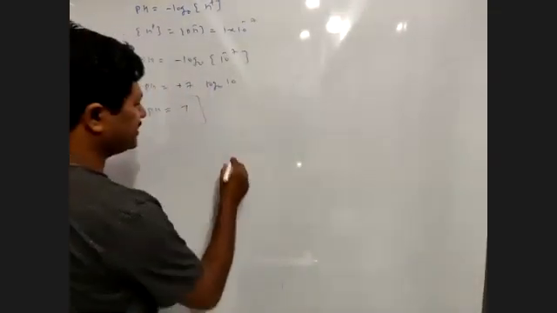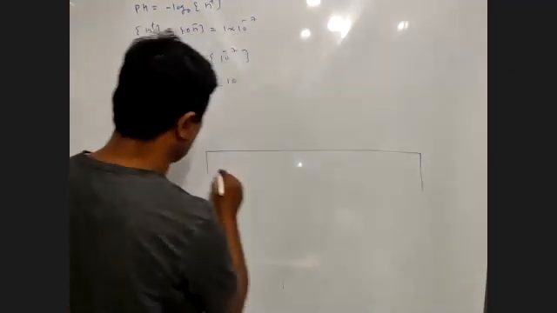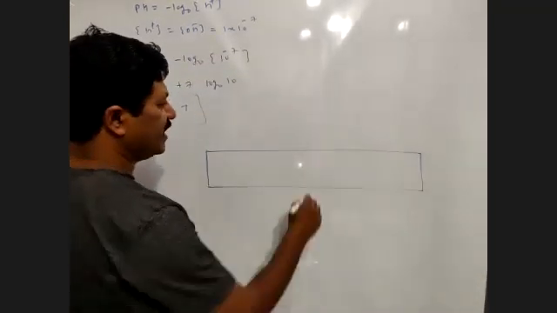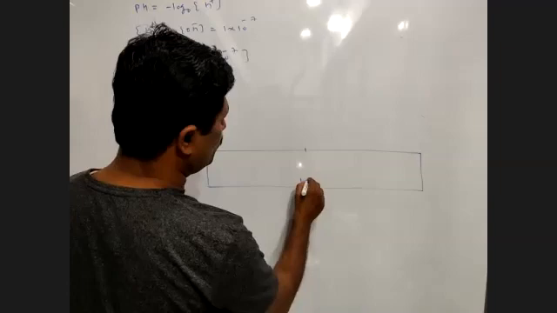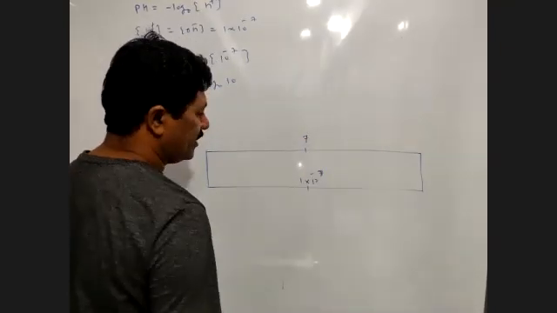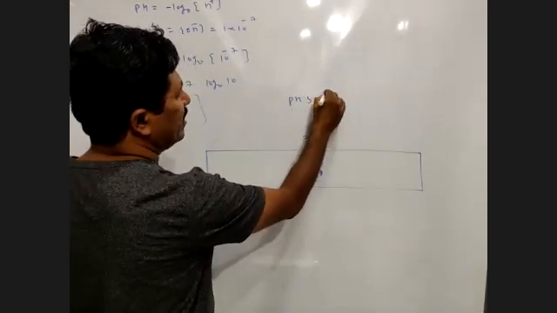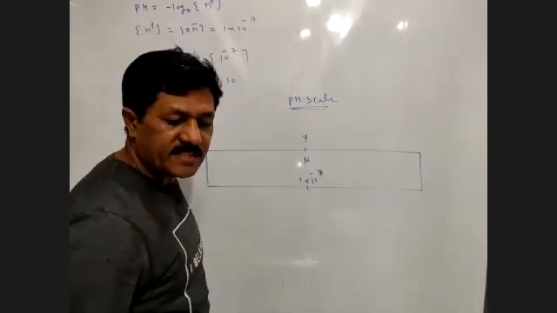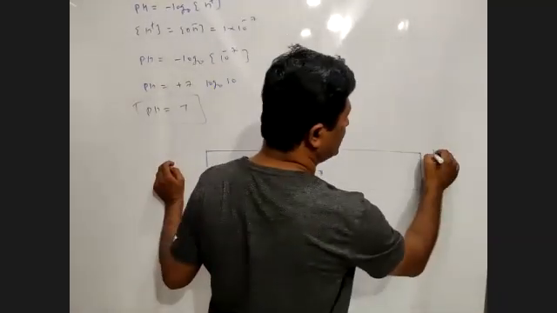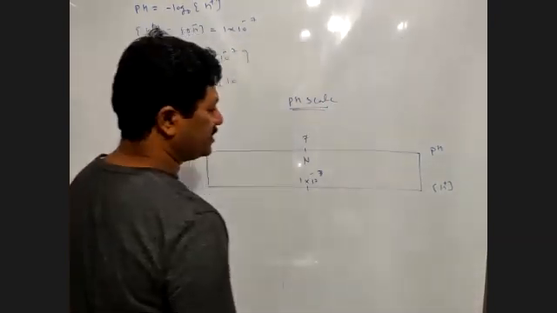ओके, तो pH स्केल का एक ऐसा स्केल बनता है, हमारा जैसा स्केल होता है उस तरीके से स्केल है. इसका सेंटर पॉइंट यहाँ पे है, this is 1 into 10 raised to minus 7 and this is 7 and this solution is neutral. ये है pH स्केल, जैसे हमारे कंपास के अंदर स्केल होता है उस तरीके से स्केल है. और यहाँ पे जो ऊपर का लाइन है that indicates you can say pH and pOH and this indicates concentration of H plus ions and concentration of OH minus ions.